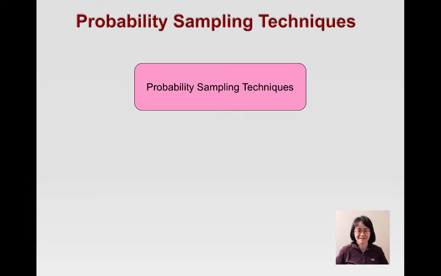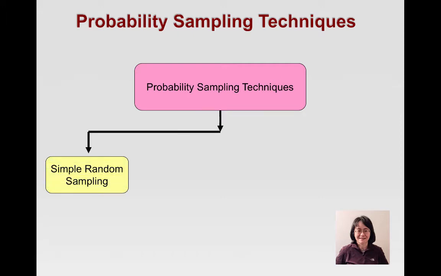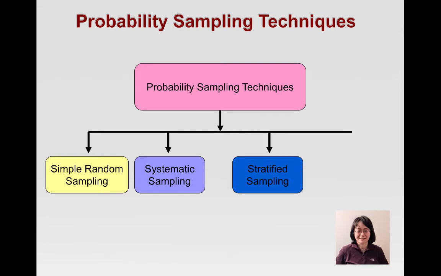It also is possible to determine the precision of the sample estimates and inferences and make projections to the target population. Probability sampling techniques include simple random sampling, systematic sampling, stratified sampling, and cluster sampling.